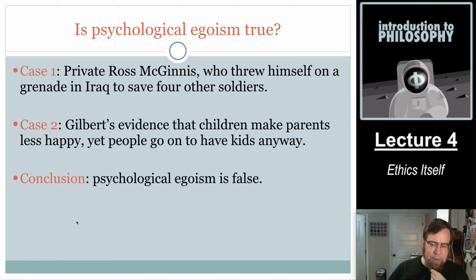Now you might say about at least cases like number 2, maybe people didn't know that. They didn't realize that it was against their self-interest. And you might modify psychological egoism to say something like, people act to maximize what they think is in their self-interest. But that wouldn't really deal with case number 1.